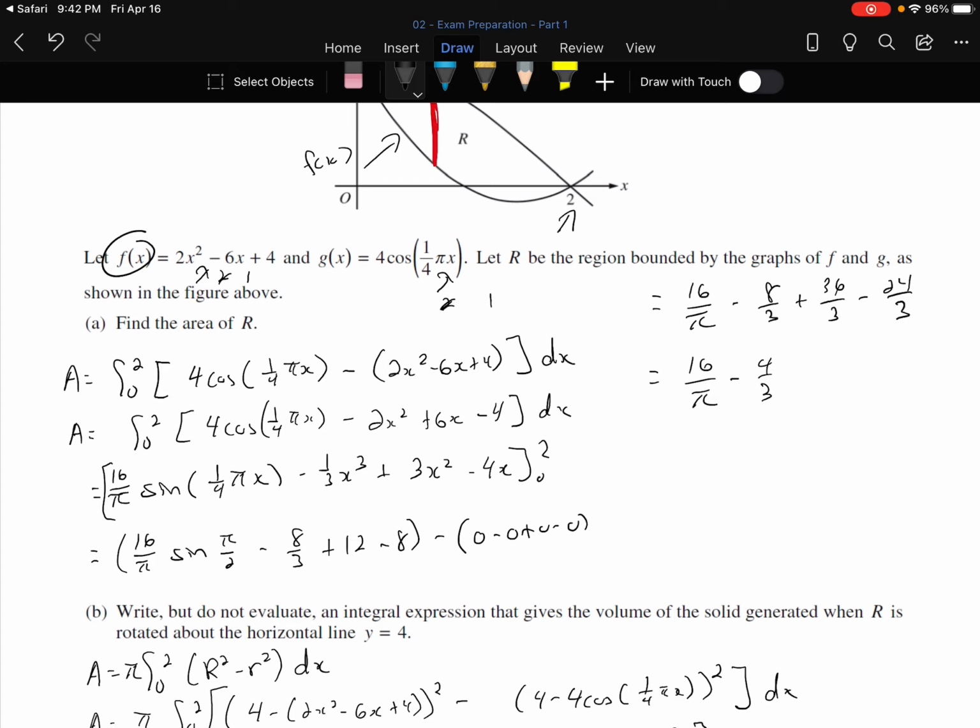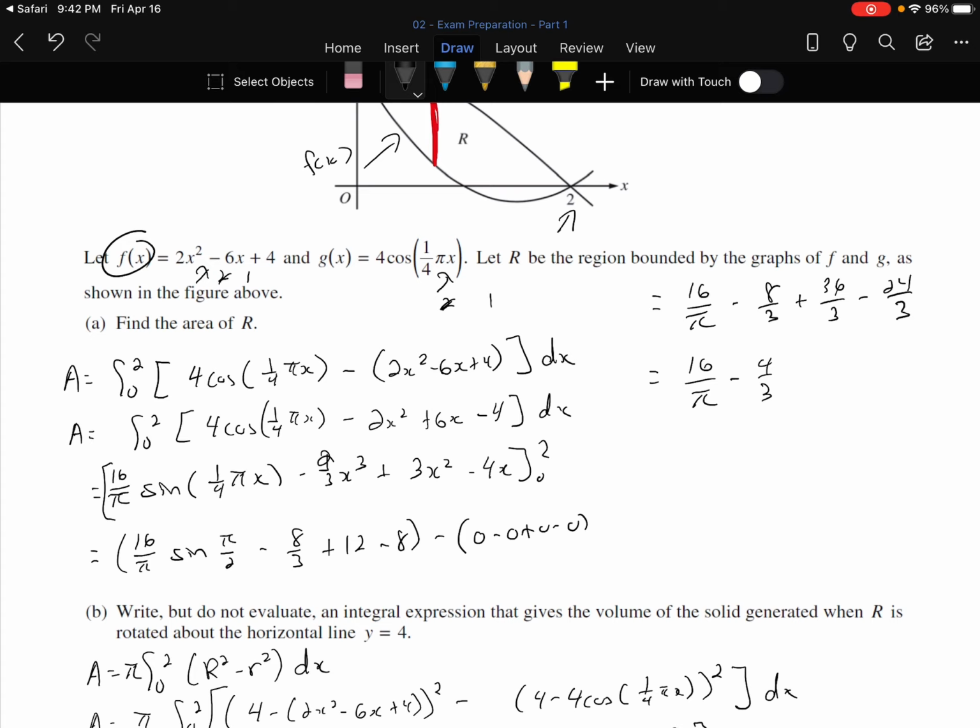Oh, it was in the integral back here. When I did this 2x squared, this was supposed to be a negative 2/3 x cubed instead of just 1/3.